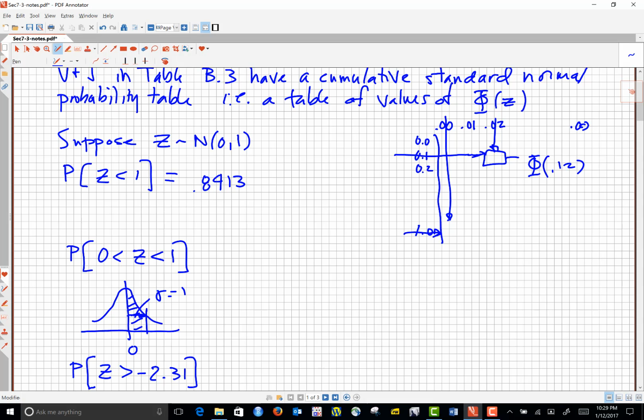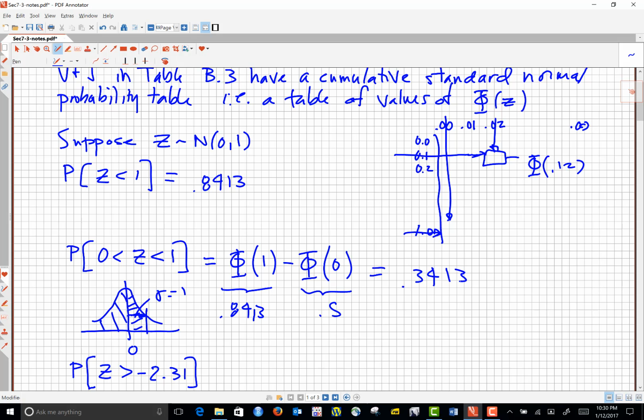By symmetry, I know that this is 0.5, and so essentially what I've got to do is take capital Phi at 1 and subtract capital Phi at 0. This is 0.5, this is 0.8413, and I've got a value of 0.3413 for that probability.